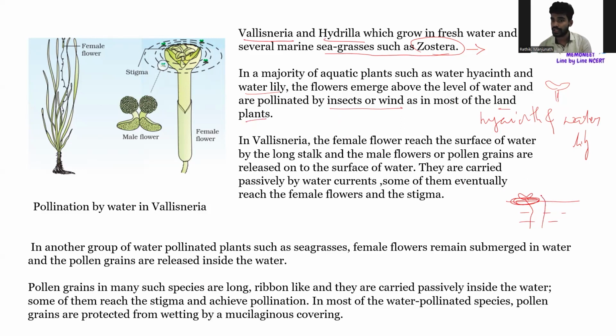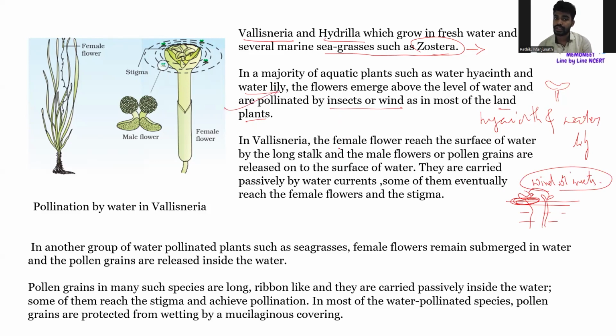So both male and female flowers normally emerge above the water level, and pollination normally happens through the wind or insects acting as an agent for the pollination.